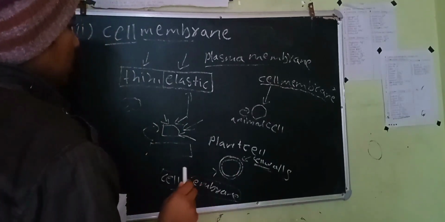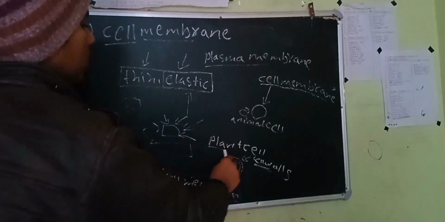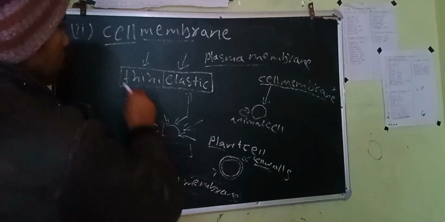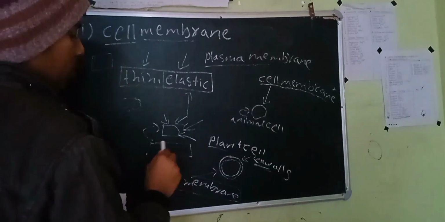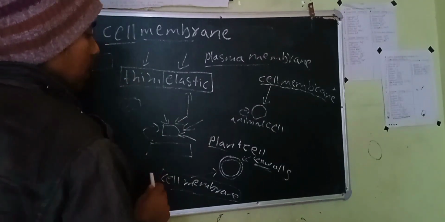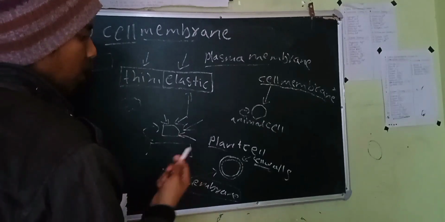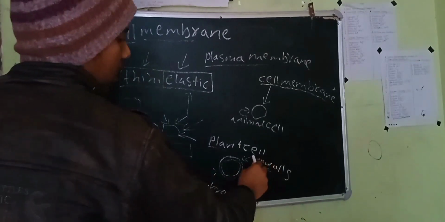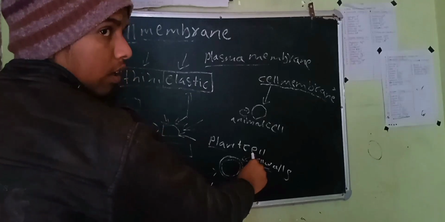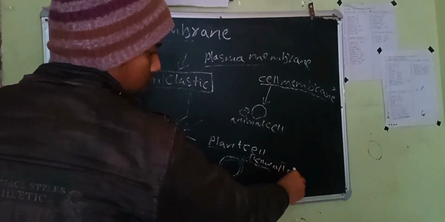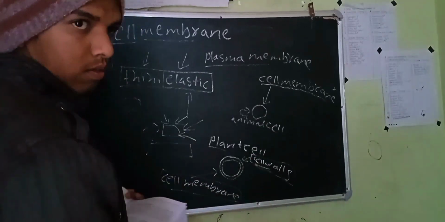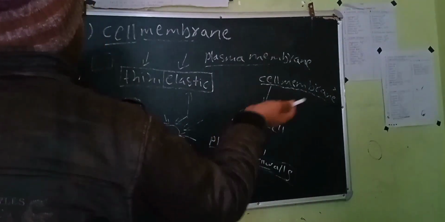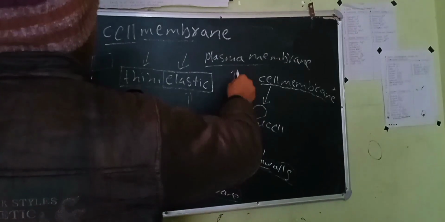But plant cells have cell walls, so plant cells are not irregular in shape. Animal cells are irregular in shape because they don't have the hard layer which gives the shape.